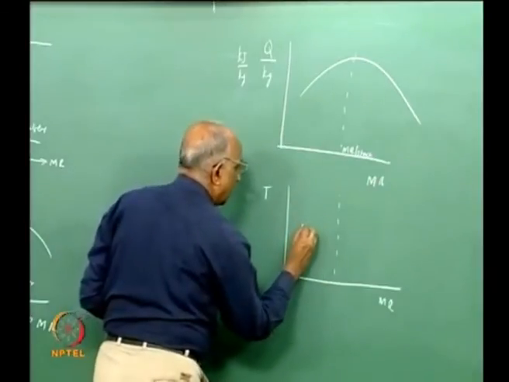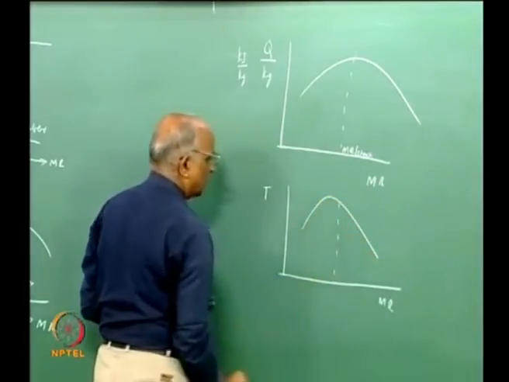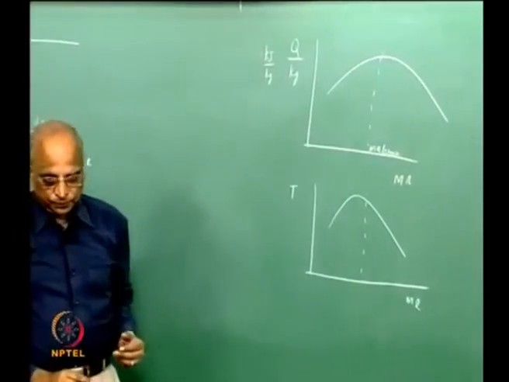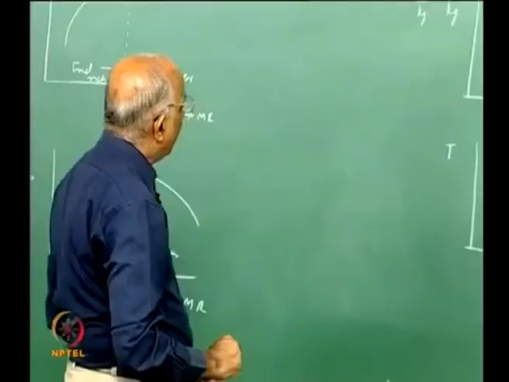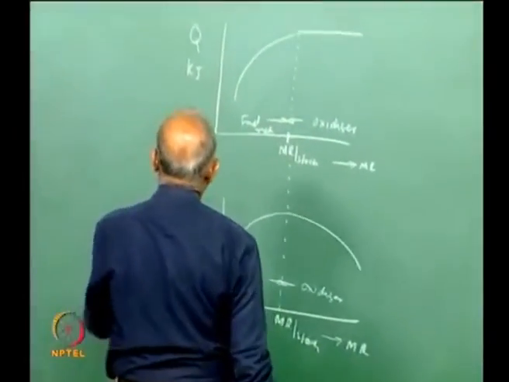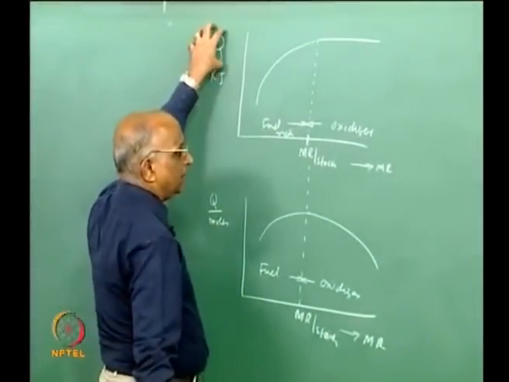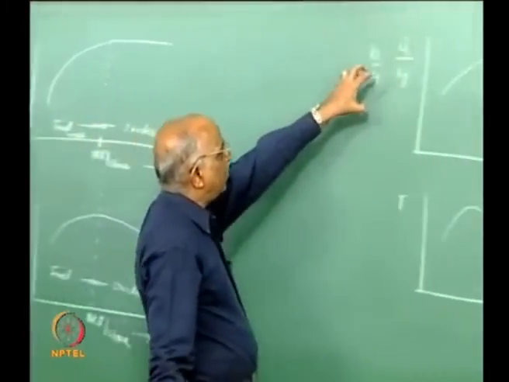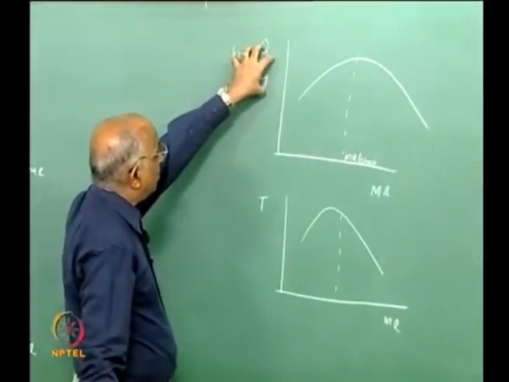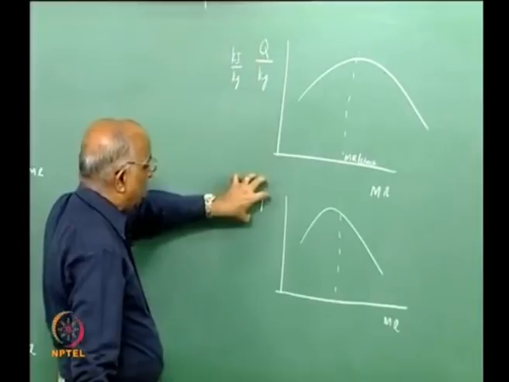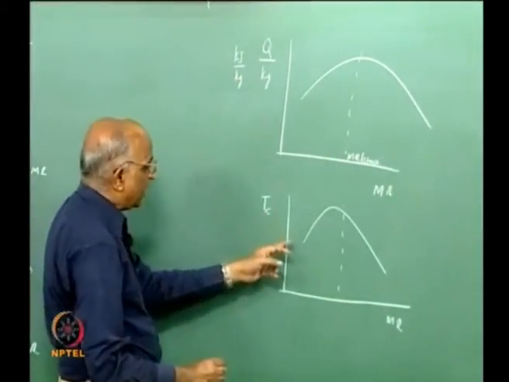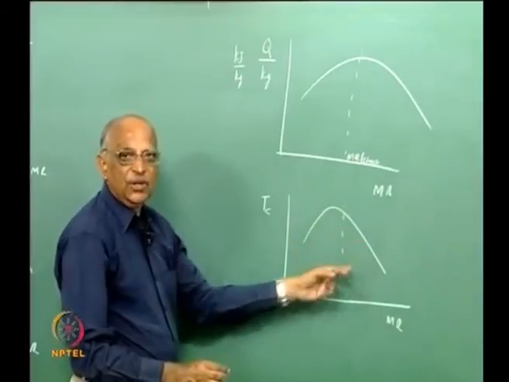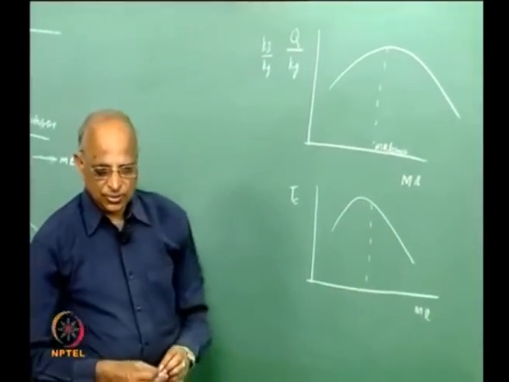Namely, I get a plot which is like this. We must be able to differentiate between the total heat release and the heat release per unit mass, and this heat release per unit mass when divided by specific heat will give me the value of the temperature, which has a behavior something like this, which I subsequently discuss.